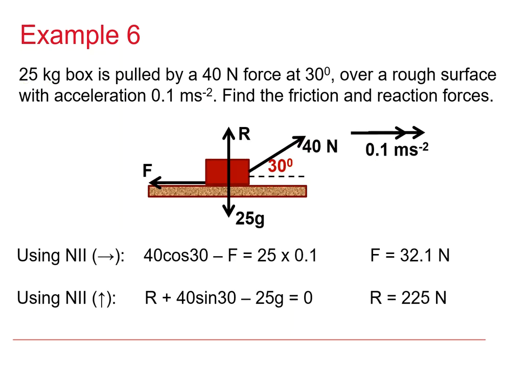Okay, so here is that summarized then. So these are the two equations that we wrote down before, and by doing that rearrangement that we saw, put those numbers in the calculator, we get these results. So we get R is 225 newtons, F is 32.1 newtons.